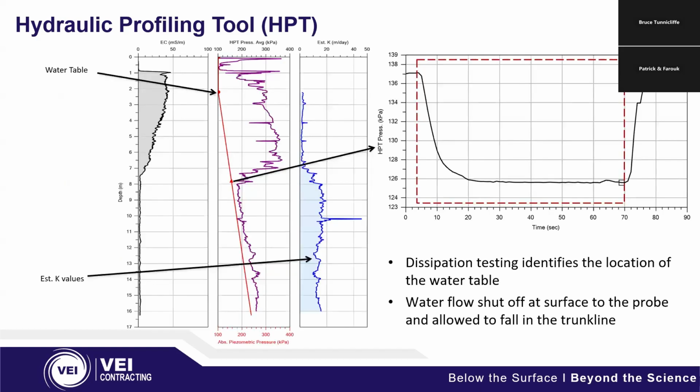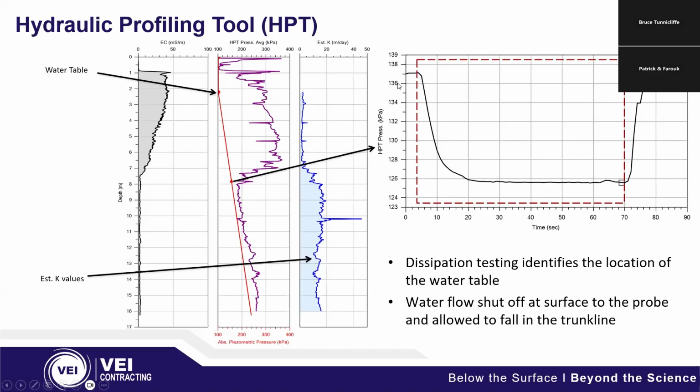So how does that actually work? How do you actually get that hydraulic conductivity? What we do is a dissipation test, and that's this little triangle right here in the middle of this log you'll see here. This line is actually the absolute piezometric pressure line. And so the water table is spotted here at just over 2 meters. And the dissipation test is how we get this water table identification.